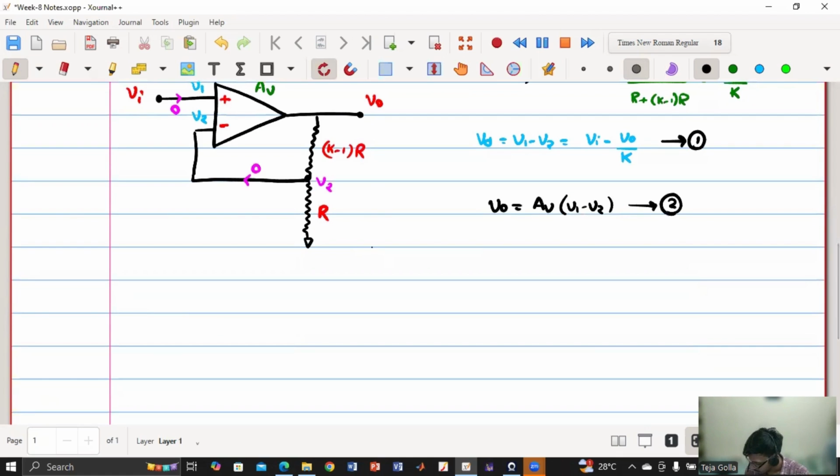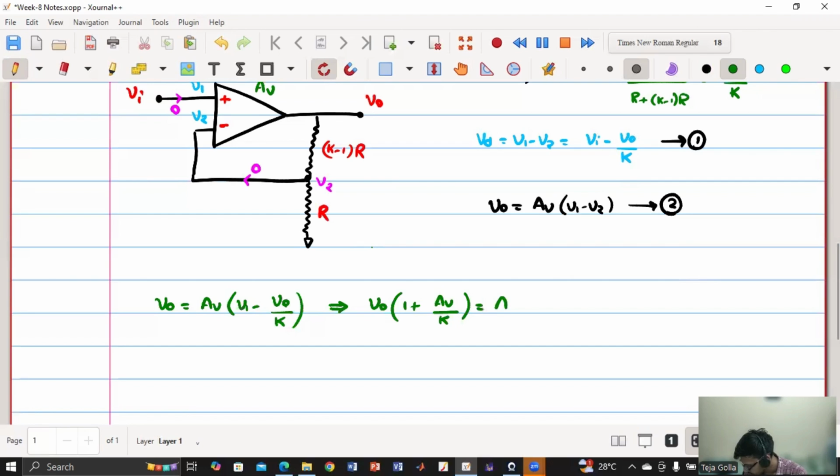So what do I have? V naught is equal to, from equation 2, AV into (V1 minus V2), which is Vi minus V0 by K. If I bring V0 to one side, I get V0 times (1 plus AV by K) equals AV into V1, which is Vi.